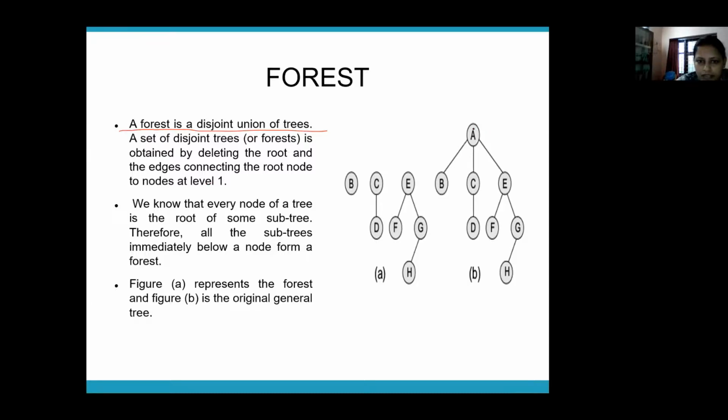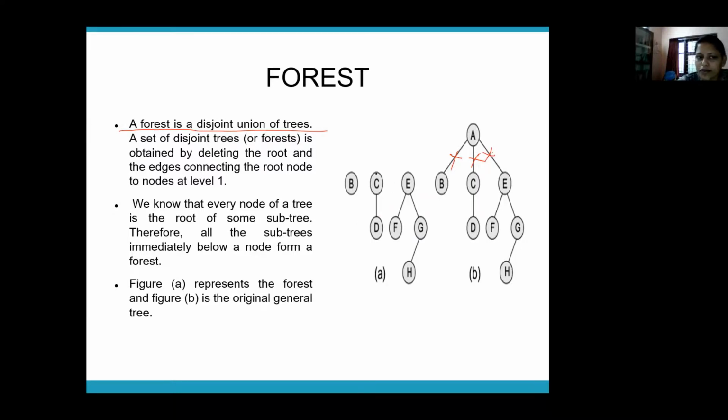So if this is a tree, suppose you delete these 3 links, what will happen? B becomes a separate tree, C D becomes a separate tree, E F G H becomes a separate tree, right? So this represents a forest.